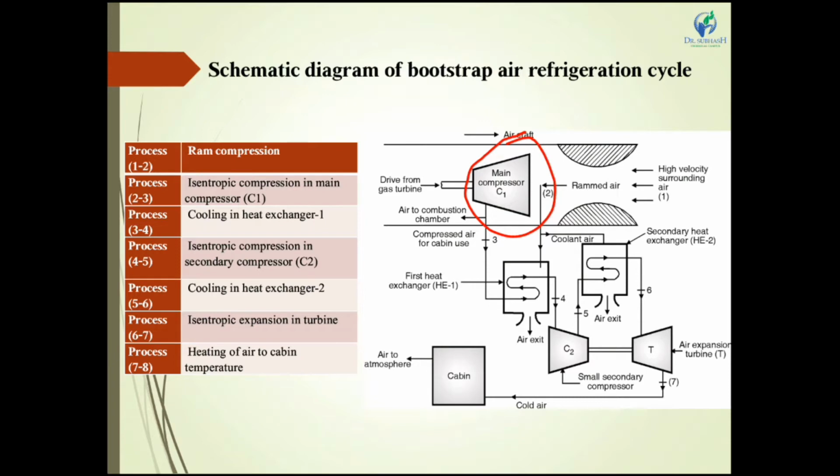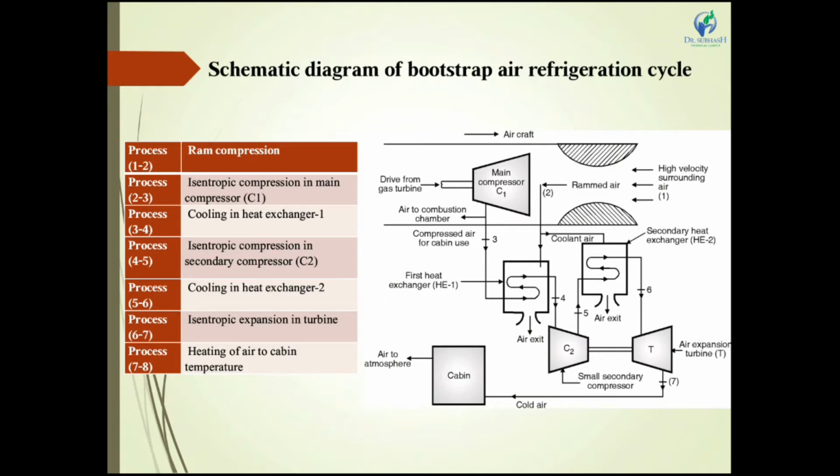For a bootstrap air refrigeration system, there are two compressors in use. First is a main compressor and second is an auxiliary or small compressor.